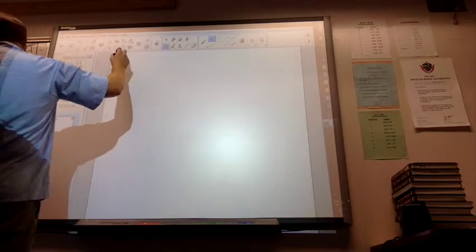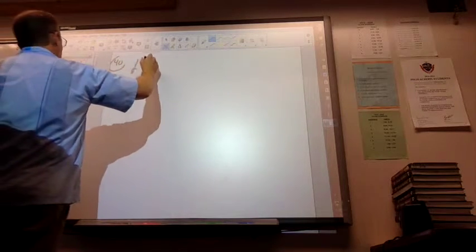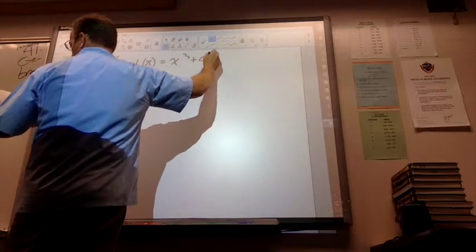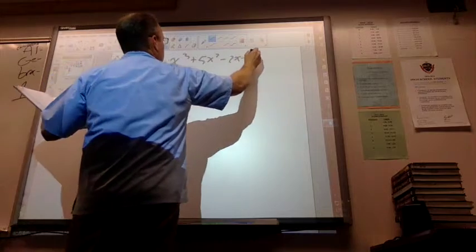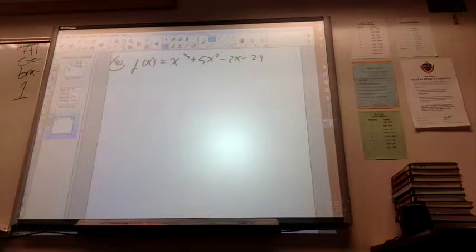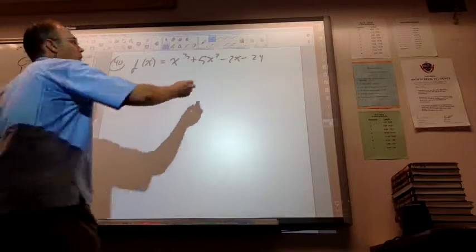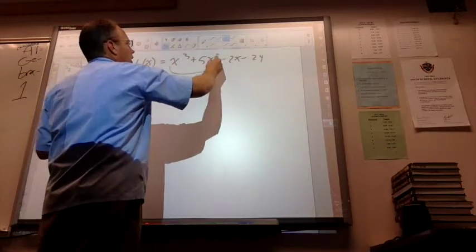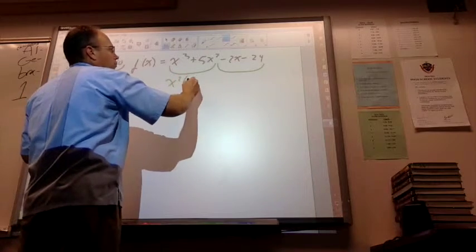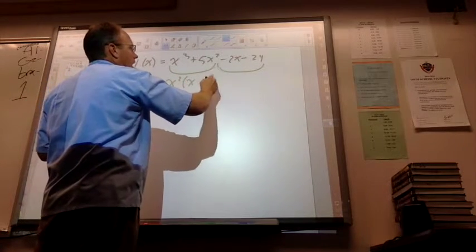So number 40, we have f(x) equals x to the third plus 5x squared minus 2x minus 24. If you see 4 terms, the first thing you should think is factor by grouping. Now, it doesn't always work that way, but going just with basic algebra, I'm going to look at those 2. I can factor out an x squared. That leaves me x plus 5.